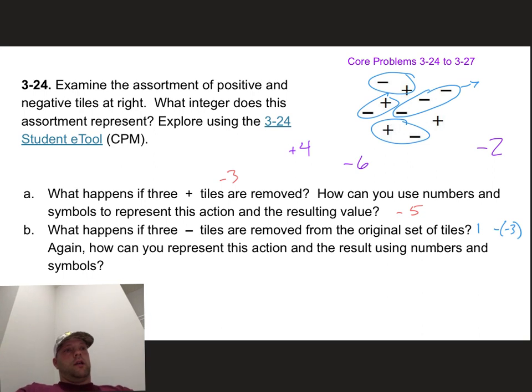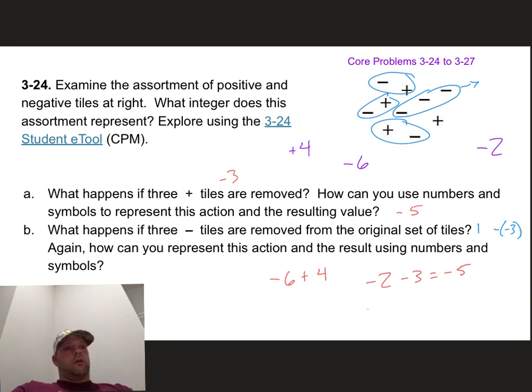If you were to represent the beginning one, we would just have -6 plus 4. Now we have our -2, and we subtracted 3, which got us to -5.